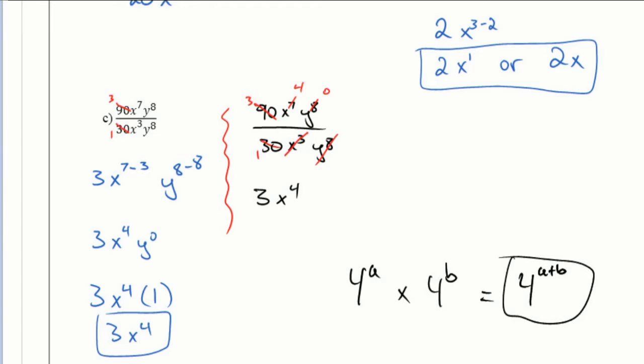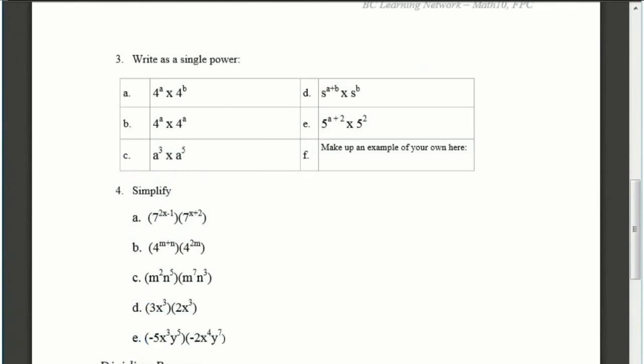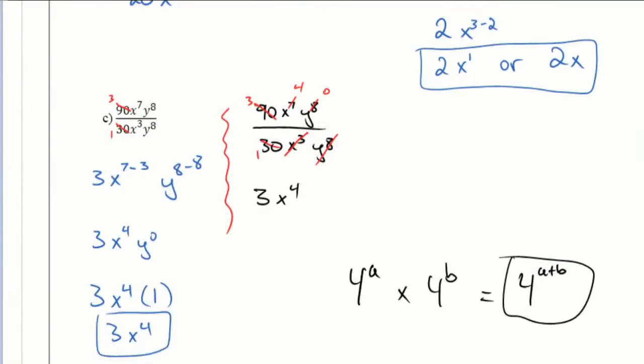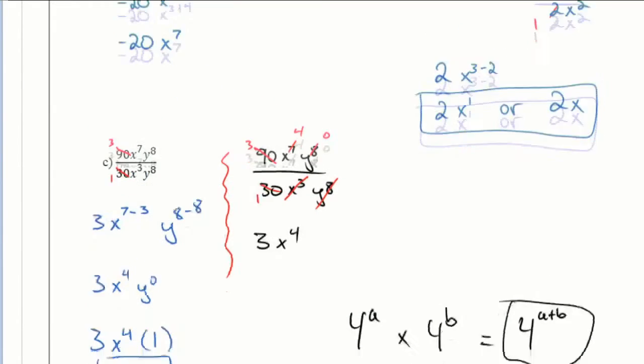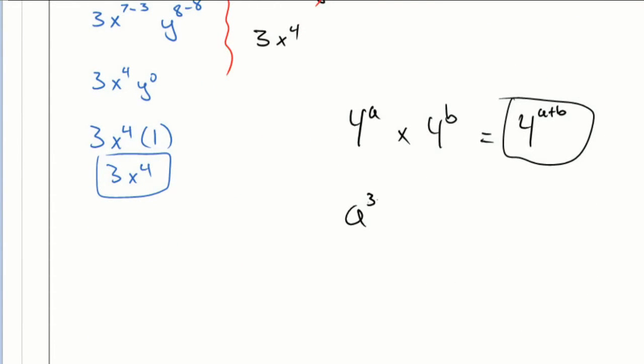The second one there, A to the 3 times A to the 5. I'm going to add my exponents together, 3 plus 5. Because these are both integers, I can physically add them, so I'm going to get A to the 8.